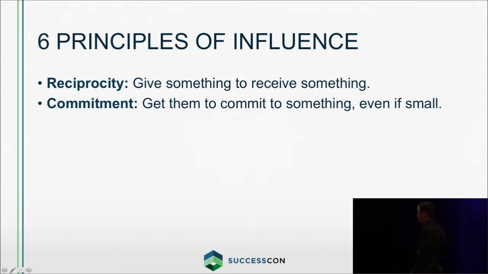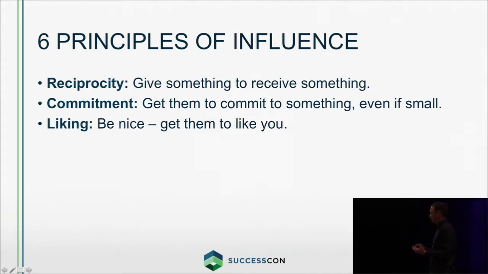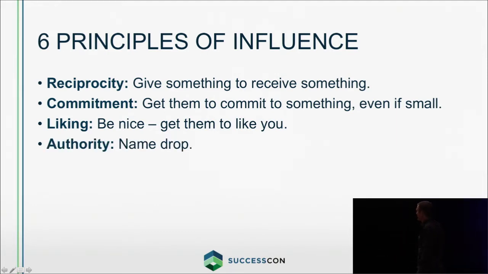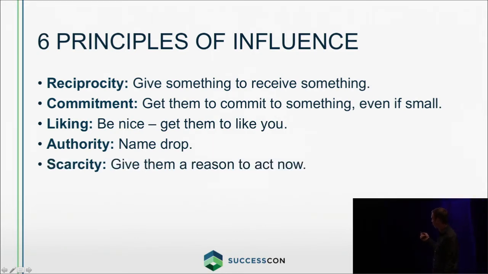Commitment: if you can get someone to commit to something, they don't want to necessarily go back on their word. So getting them to commit, even if it's just something small, they'll usually follow through. Liking: people can influence somebody else just by being liked by that person. Authority: if you can name drop, if you've got some sort of clout, that helps influence somebody.